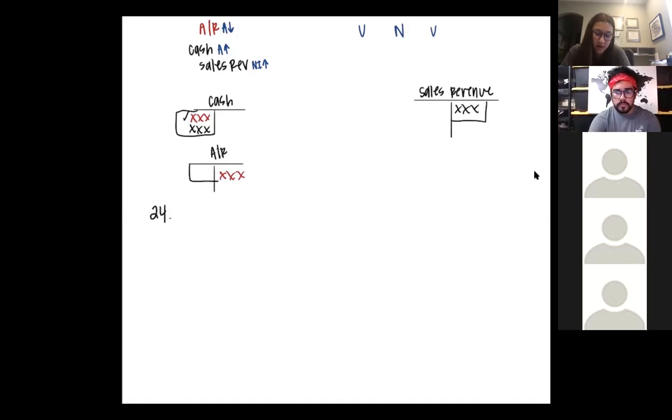And when we use the periodic system, can someone tell me what the account is when I return something? So when I got the inventory, it's purchases, but now I'm returning some of it. So what's the account that I would use for the return of my purchase? The accounts payable, debit, and then purchase returns credit.